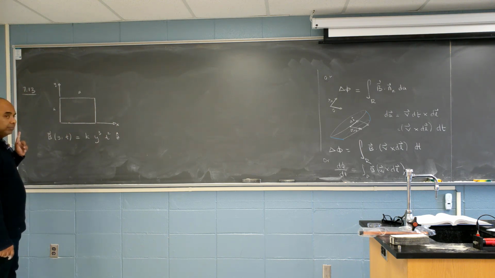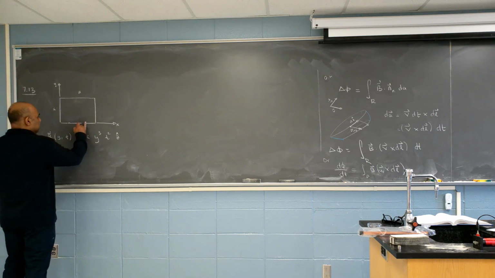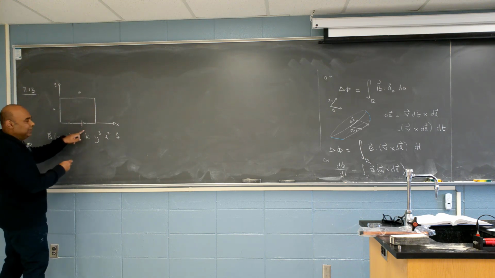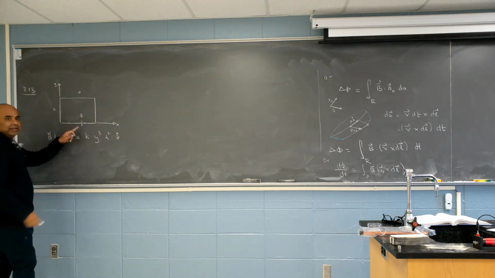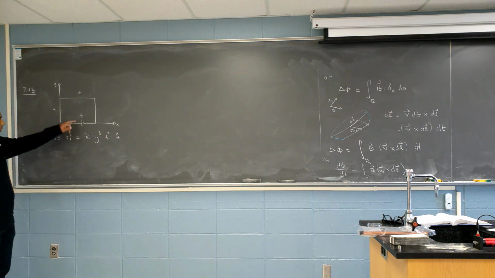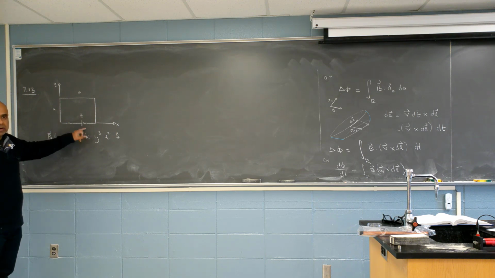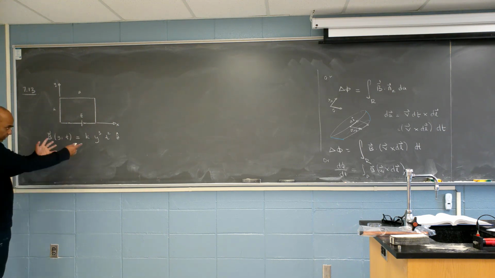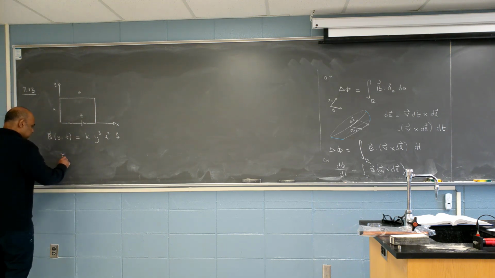Such that it goes into the board, so clockwise. Clockwise. So this is a good way to indicate that it's an induced EMF. That's the direction. So if I give you a problem like this, if you have the direction shown, there'll be partial credit for that, because that's the most important part. The rest is just calculus.